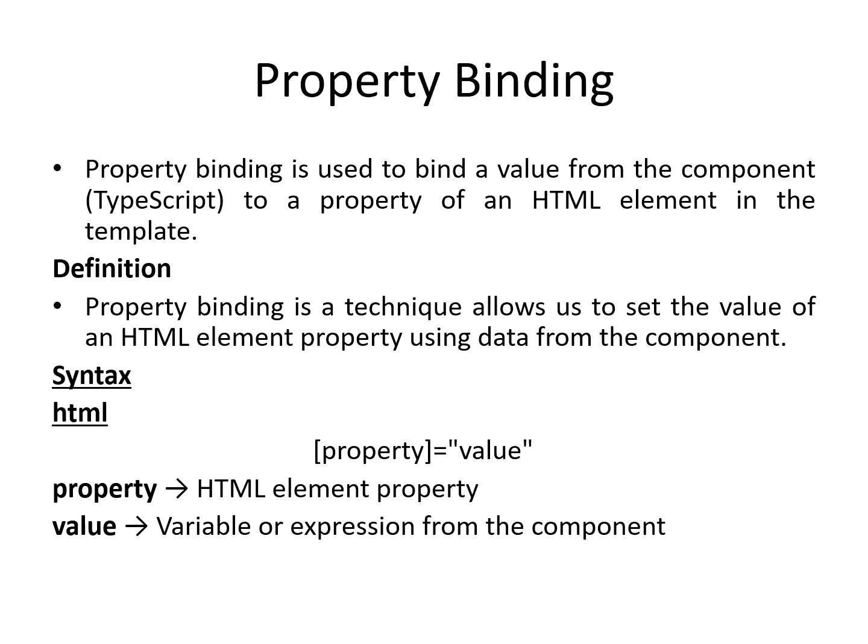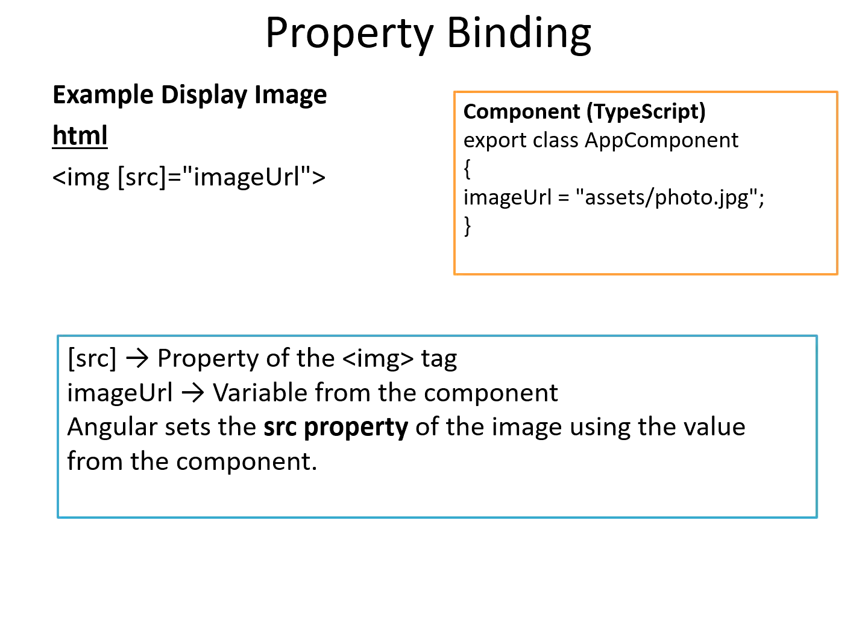Property binding is to bind a value from the component to a property of an HTML element in the template. Every element has properties, and we can assign a value to the property. Here, the value for the property will come from the component, which is the TypeScript file. For example, in this slide we have an image tag with a source property, and the value of the source is called imageURL.